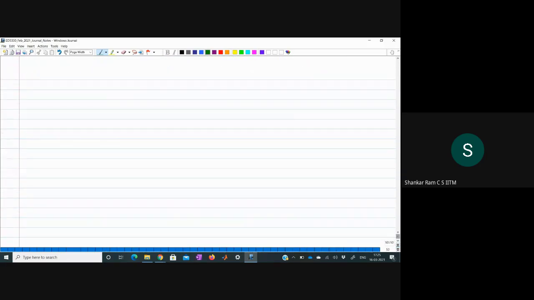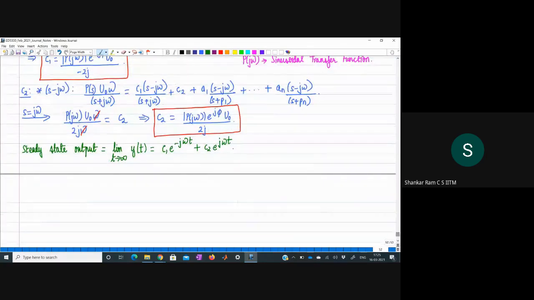So if we substitute for C1 and C2, what do we get? The steady state output is going to be equal to limit t tending to infinity of y of t.